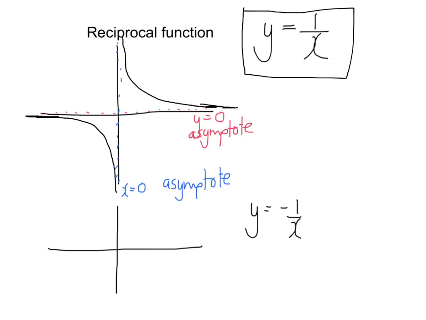It's closer and closer, but it's undefined. And the same is true of this asymptote here, that this section gets closer and closer to x equals 0, but never quite touches it. And you should really be able to quickly recall y equals minus 1 over x, which is a reflection and looks like that.